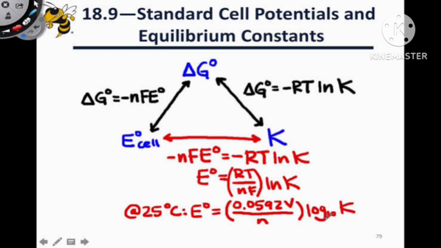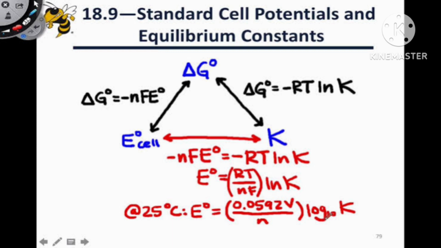Now we have already derived the relation. Here, if the concentration of all the reacting species is unity, I am telling you the condition for a standard delta G. What is the condition to be called standard?